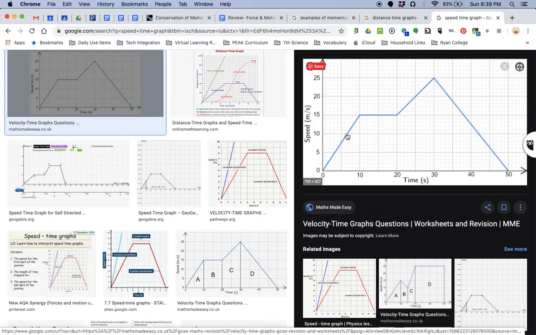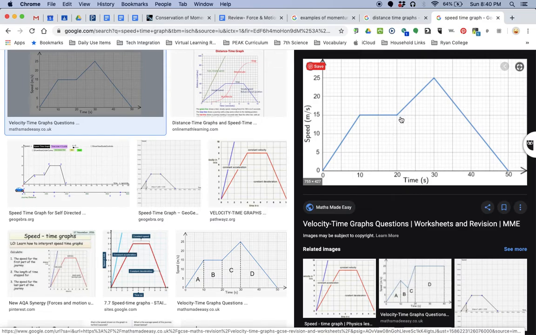It's going to be this first part right here, because my speed is going from 0 when I'm completely stopped up to 15. So I'm accelerating, speeding up to a certain point, and then from 10 seconds to 20 seconds, my speed is constant. Maybe I have set the cruise, or it's nice and flat, or there's no traffic around me, so I can just go at the speed that I need to.